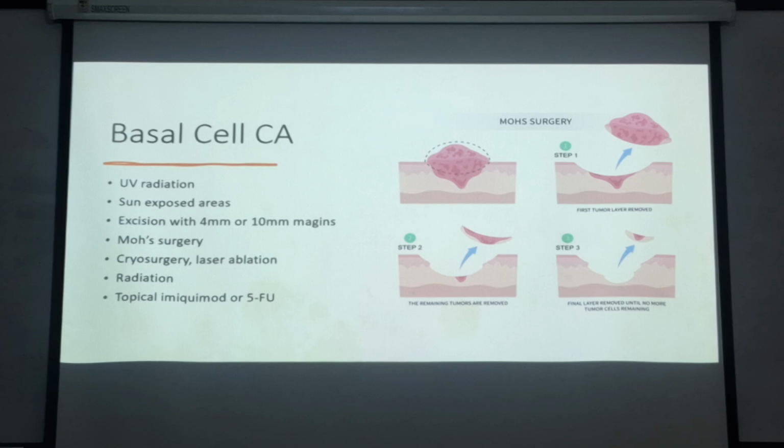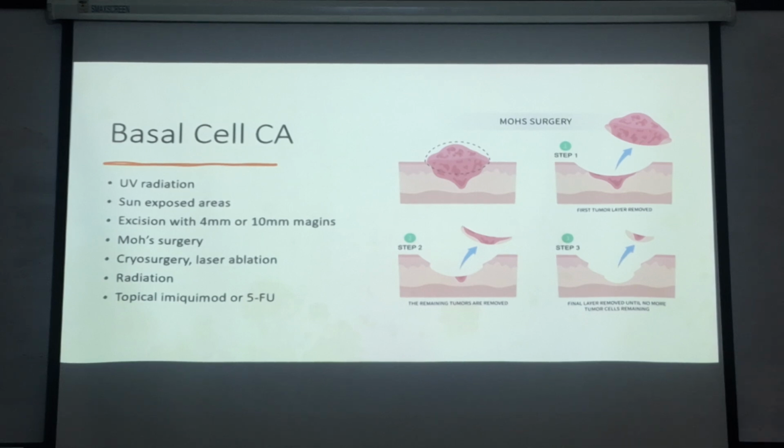You will have to know the extent of the tumor or extent of margin invasion. Once you achieve the R0, which means zero microscopic margins, then that is when you halt the procedure. Then you can do wound closure depending on how big the defect is. It could be primary closure, flap, or graft.